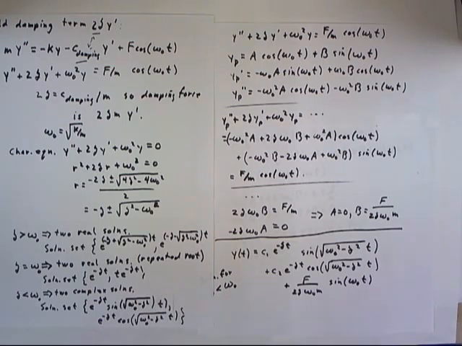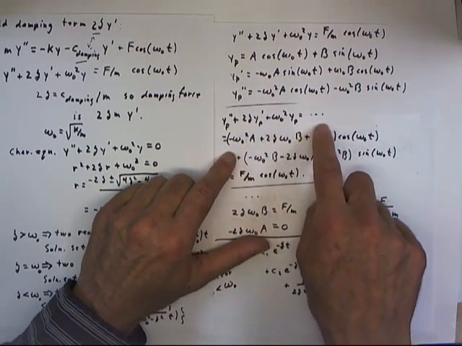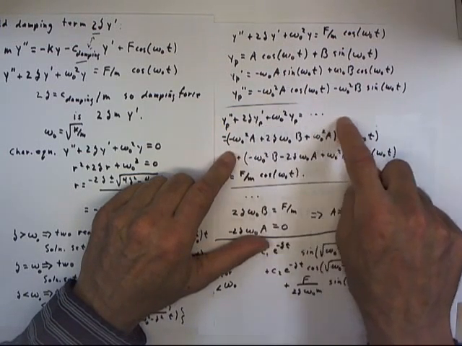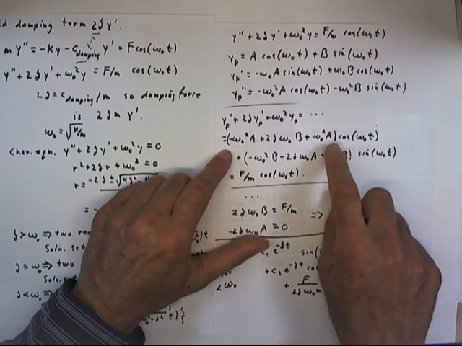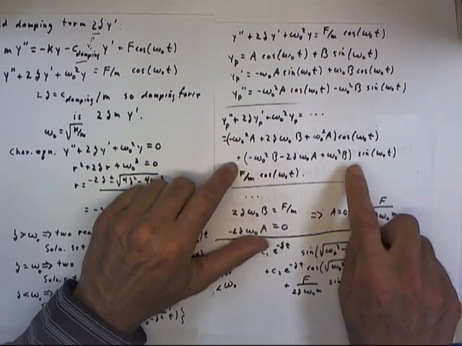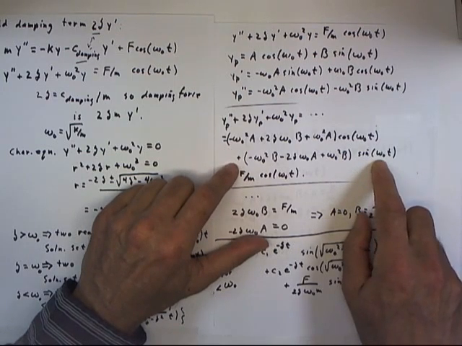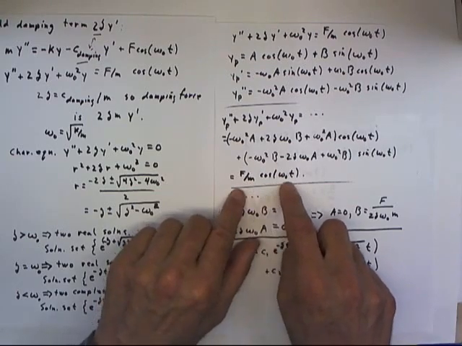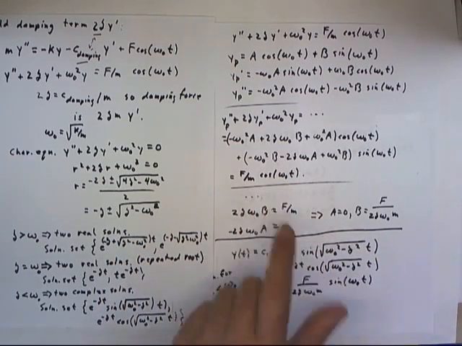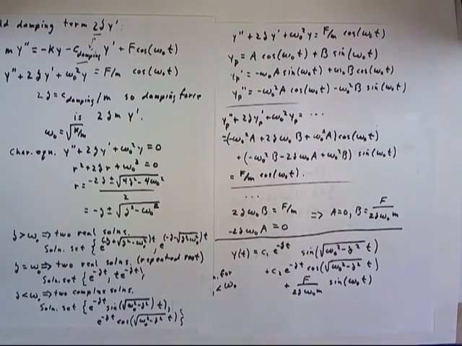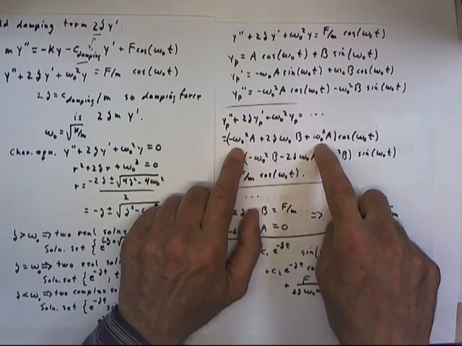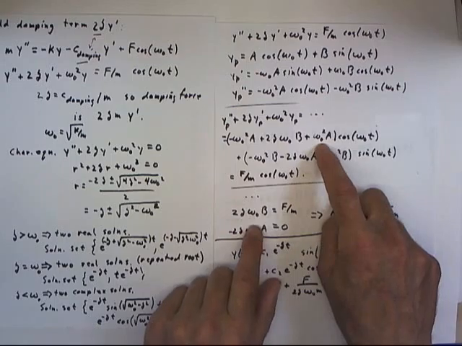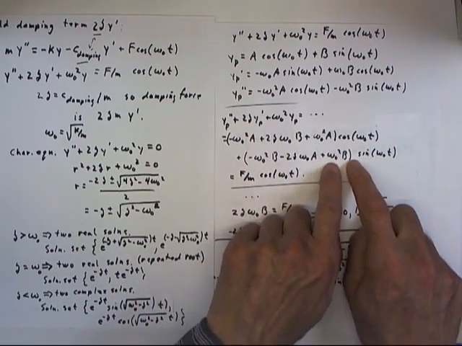The details are a little bit different, but we plug these solutions in, we do the arithmetic or the algebra, and we simplify to the form where we have something multiplied by the cosine of omega naught t, something else multiplied by the sine of omega naught t, and of course that's going to be equal to our right hand side, which is a multiple of the cosine of omega naught t. This leads us to the conclusion that whatever is here has to equal f over m, and whatever's here has to equal 0.